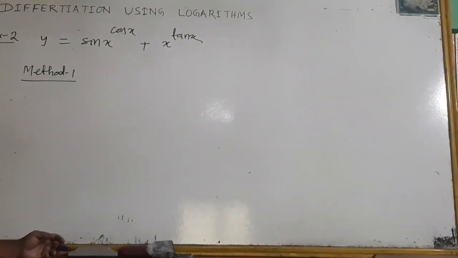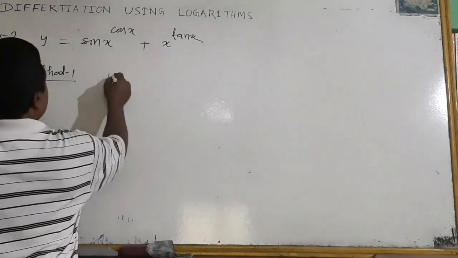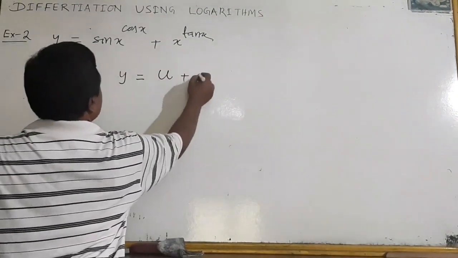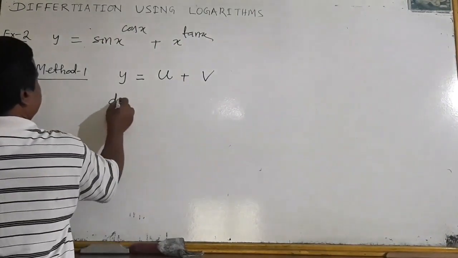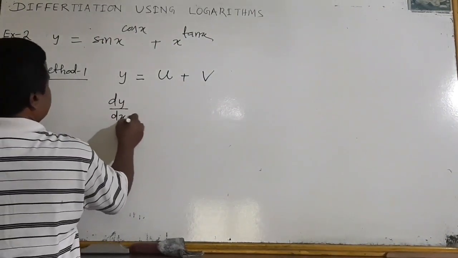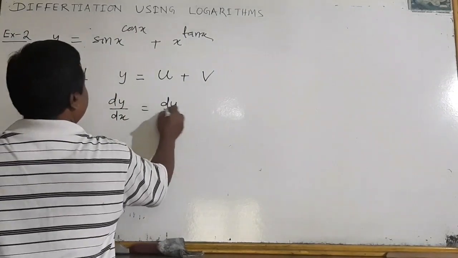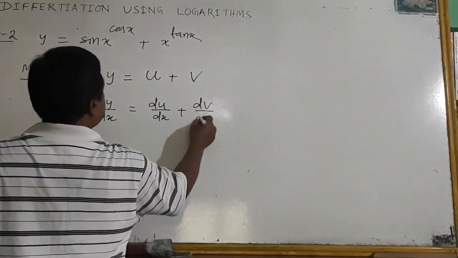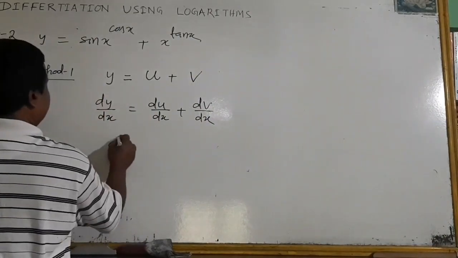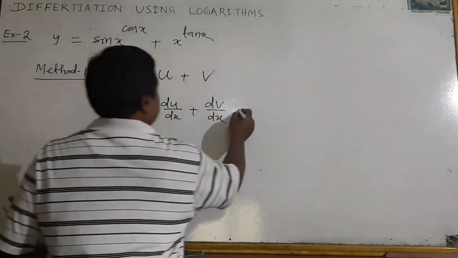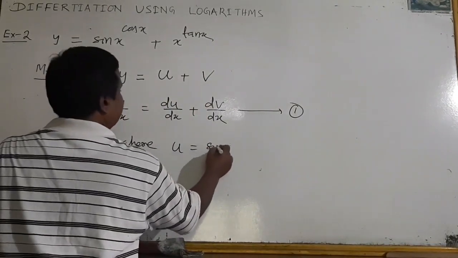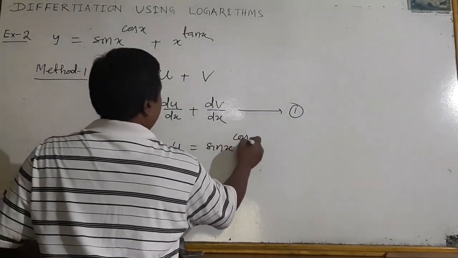So by method 1, you put this as u and this as v. dy by dx is equal to du by dx plus dv by dx, equation 1, where u is equal to sin x to the power cos x.